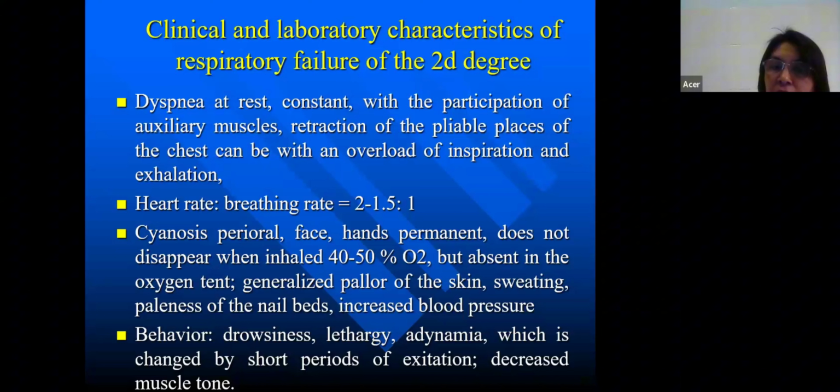Cyanosis, perioral, face, hands, permanent, does not disappear with 40-50% oxygenation. Behavior: lethargy, adynamia, which is changed by short periods of excitation, decreased muscle tone.